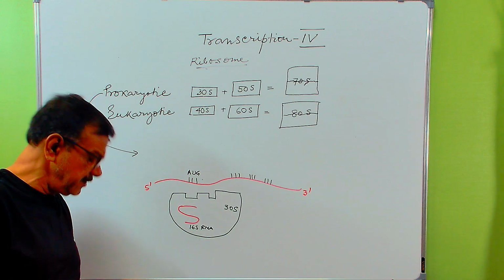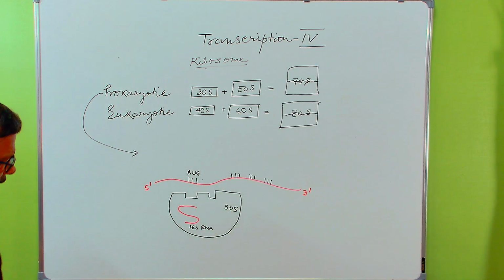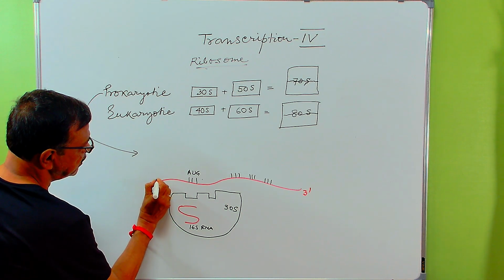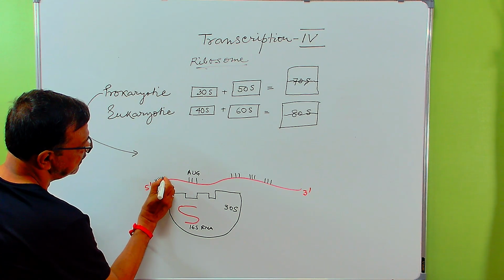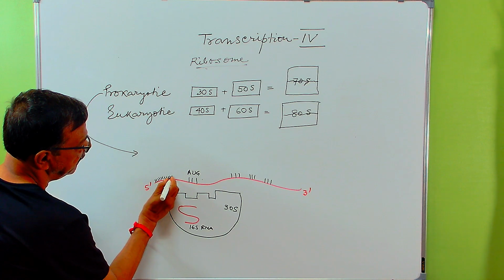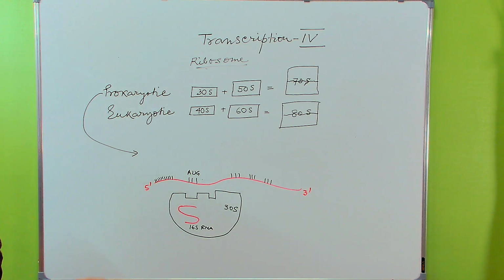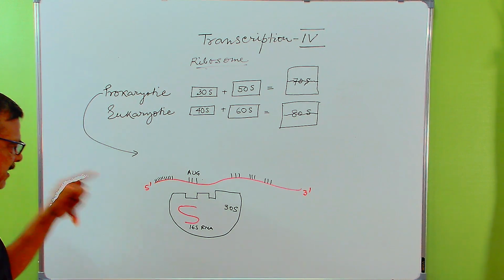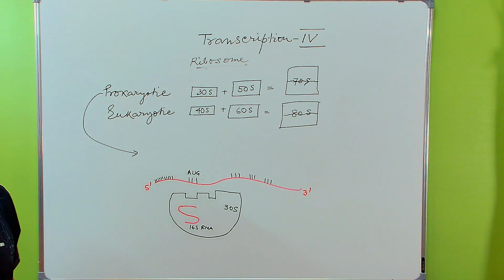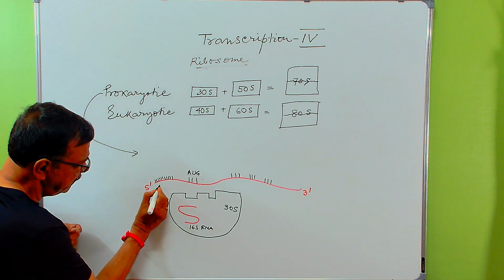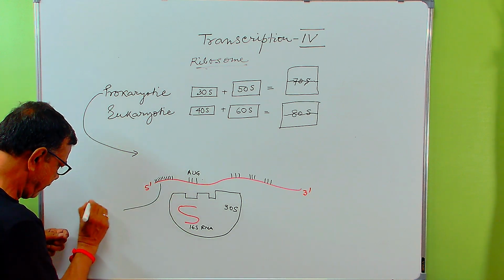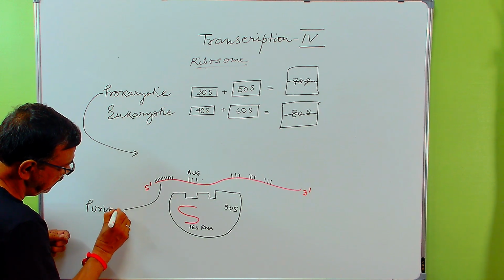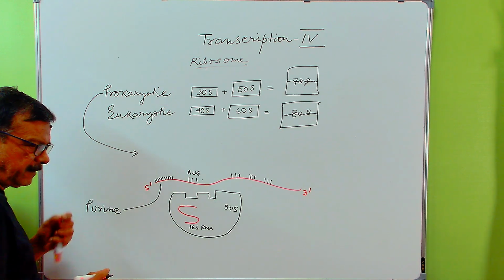Now AUG is here, and astonishingly, you will get a bunch of nucleotides here. A bunch of nucleotides here. These nucleotides are rich in purine bases.